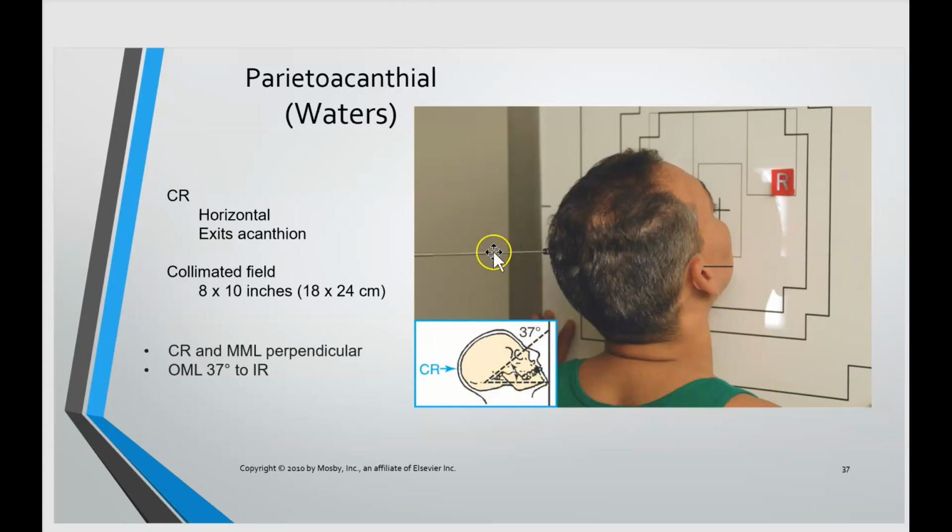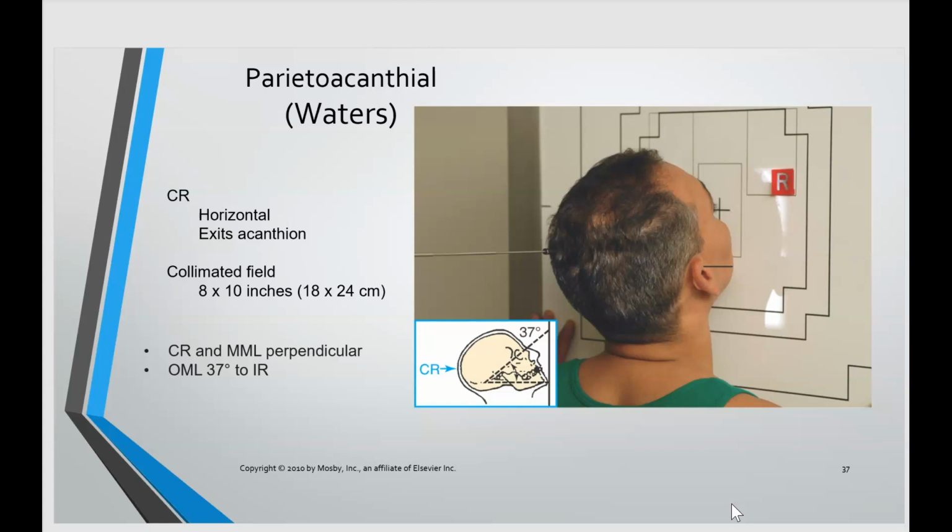Your central ray is going to enter the parietal bones and it's going to exit the acanthion. And your collimation, again, is 8 by 10. And it's going to be 1 inch beyond those lateral skin shadows. It's superior to include just the top of the head, just with a little shadow, and inferior for that occlusal plane. So just like your other Caldwell, same kind of collimation.